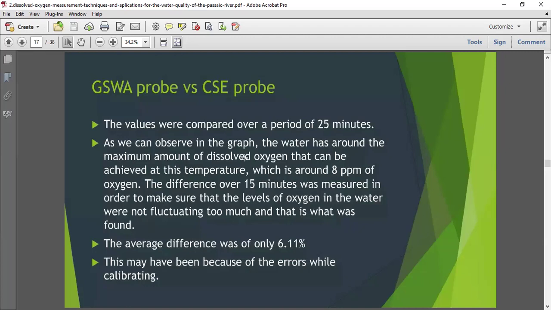Dissolved oxygen. The difference over 50 minutes was measured in order to make sure that levels of oxygen in the water were not fluctuating too much, and that is what was found. The average difference was only 6.11%.